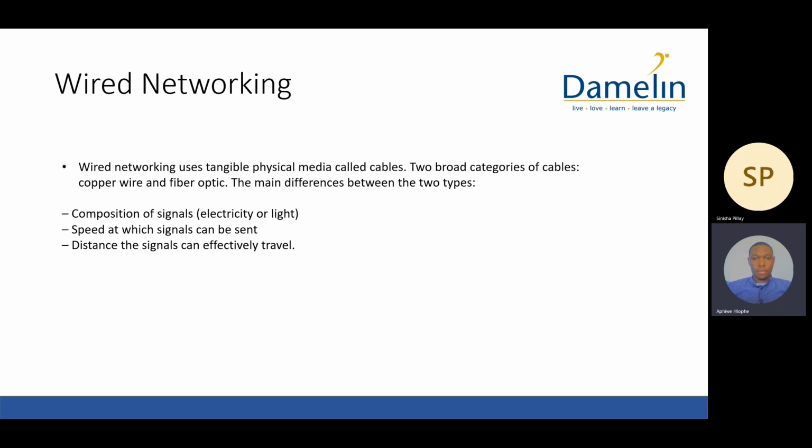Our regular Ethernet cables do not use light, okay? They use a broadband signal, which requires wiring, right? So we tend to say that fiber is going to be faster because it transmits the signal using light.